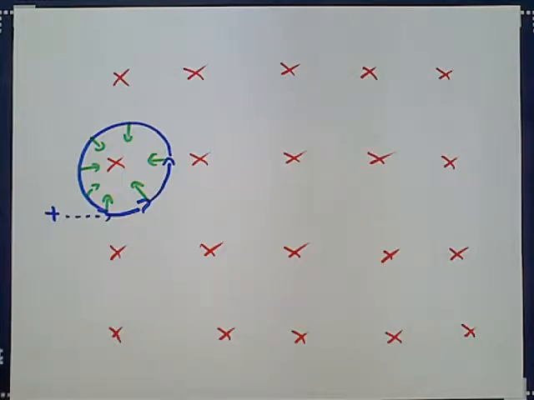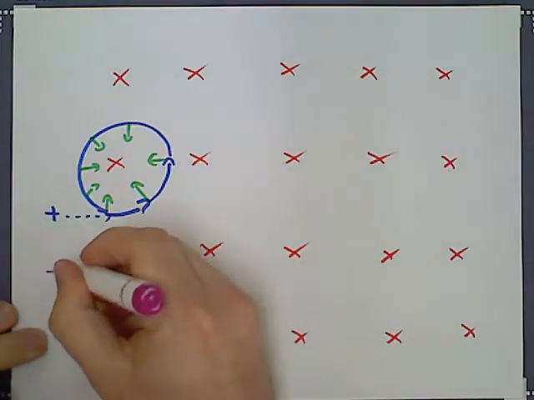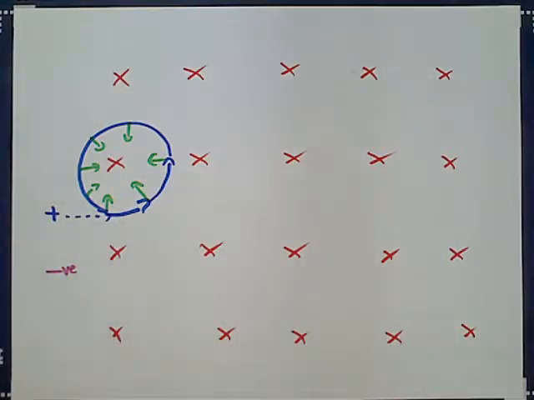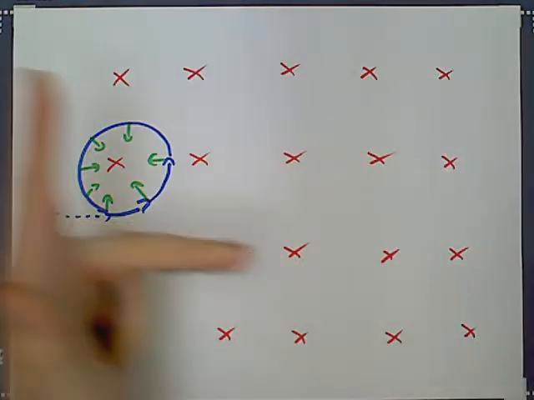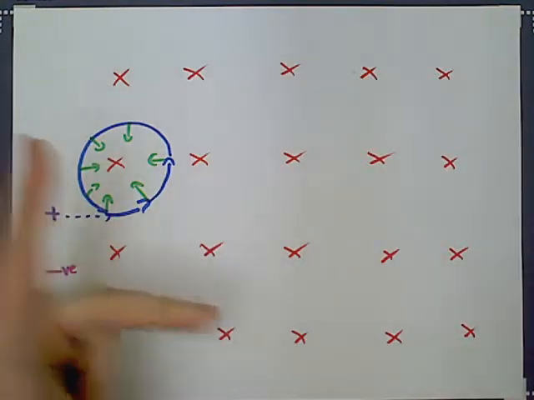But there's a small variation that we need to talk about here, and that's what happens if we deal with a negative particle. So let's say we've got a negative particle now, say an electron or something of that nature, or a beta particle. So we've got an electron moving into this magnetic field. Well, now you might be thinking, surely it just does the same thing.